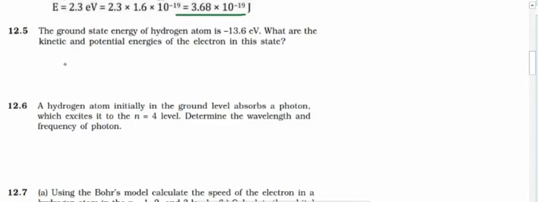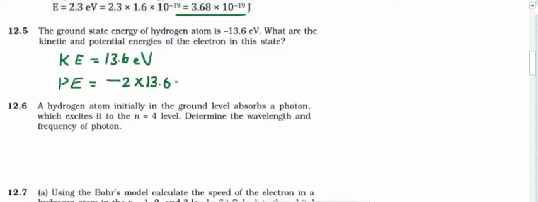Now total energy is given, therefore kinetic energy is the positive of total energy, that is plus 13.6 electron volt, and potential energy is double of total energy, so you will get negative, minus 13.6 into 2 electron volt.